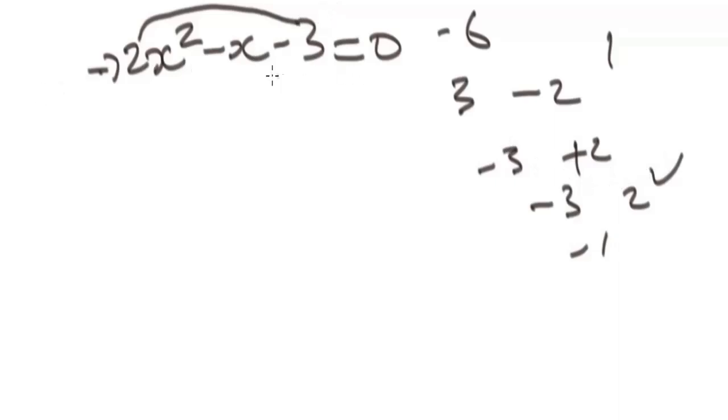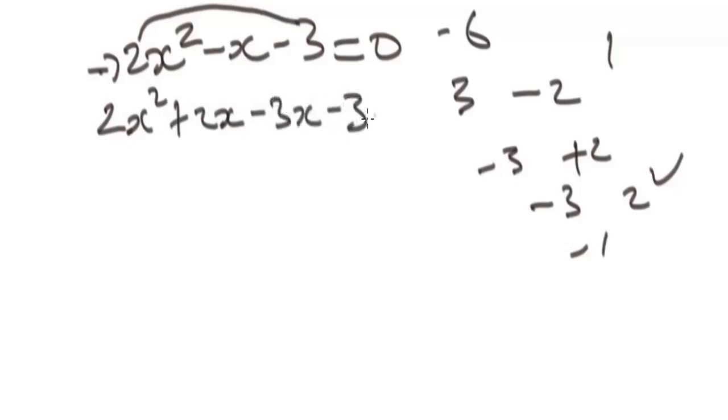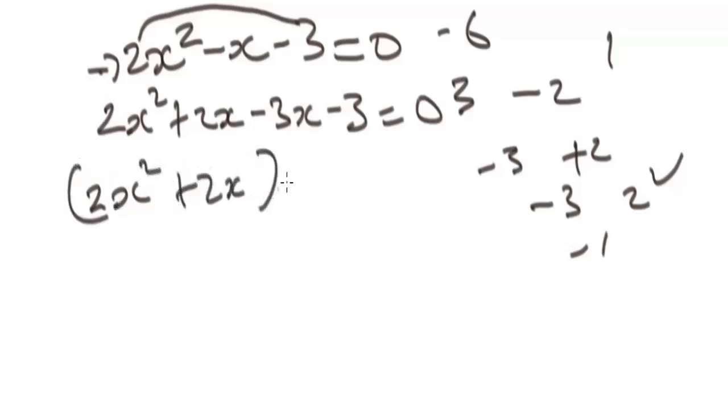So when you have the values, you arrange them like this: 2x squared plus 2x minus 3x minus 3 equals 0. So you factor by grouping. It's going to be 2x squared plus 2x, and minus 3x minus 3.